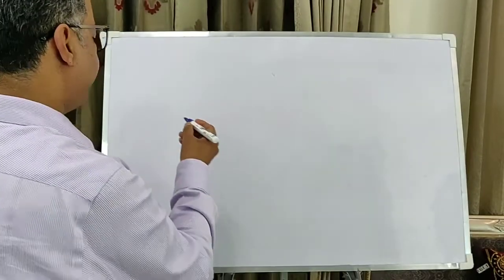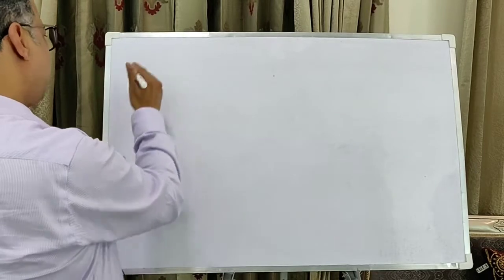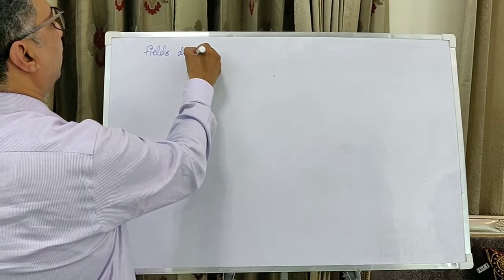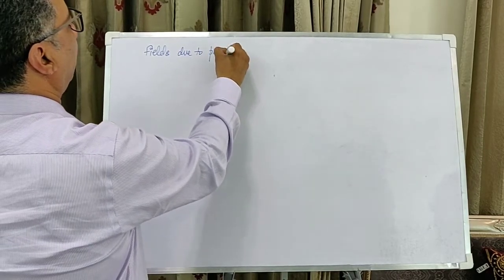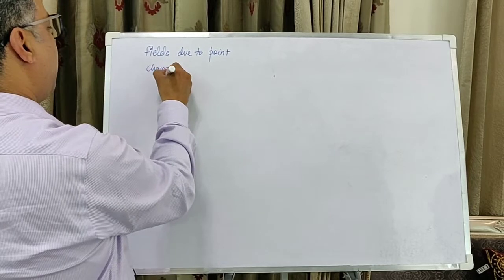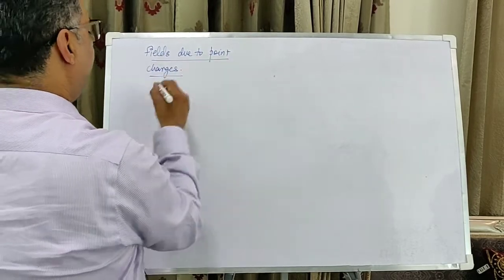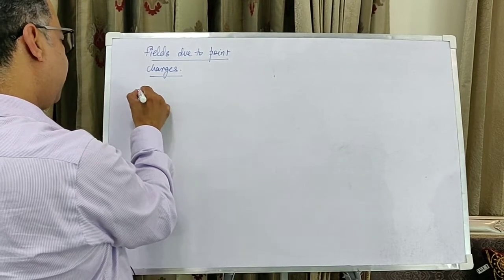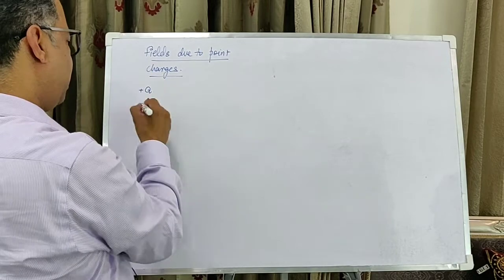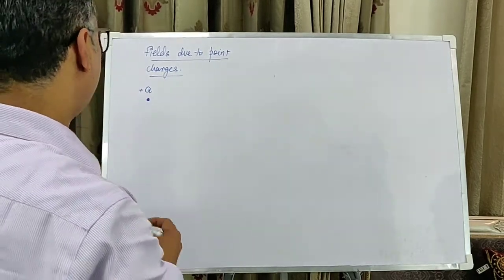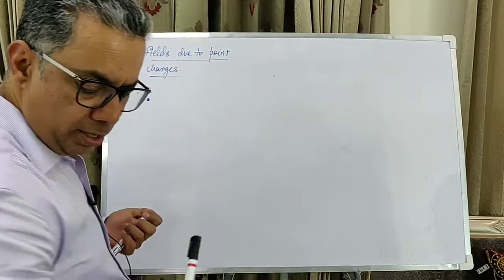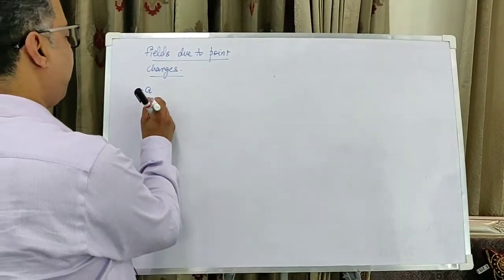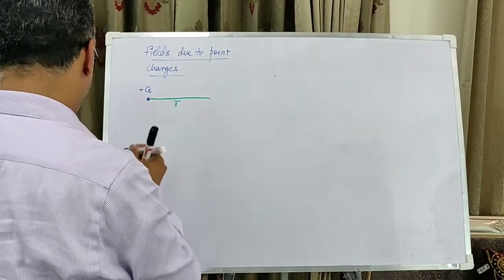Now, if we have a point charge, let's say this is plus, the point charge has a magnitude of charge q here, and we are interested in calculating its electric field at a distance r from it.